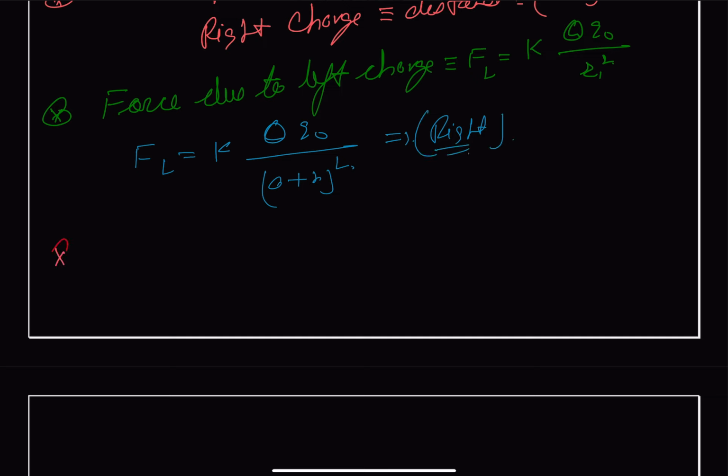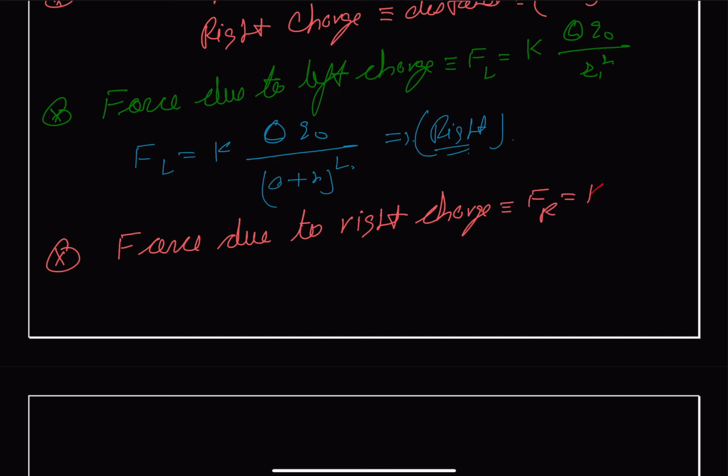Similarly, force due to right charge, that is F_R, will be equal to K Q times Q naught over R2 square.